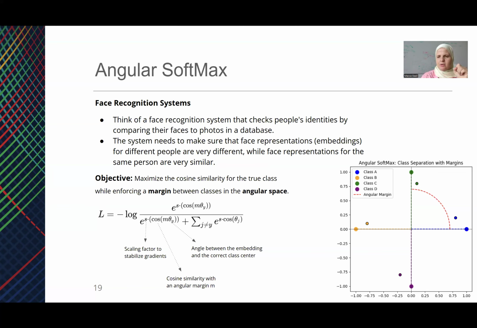The objective is to maximize the cosine similarity for the true class while you enforce a margin between classes in the angular space.